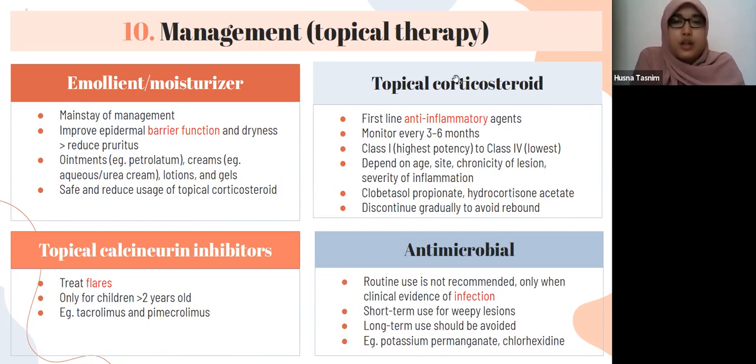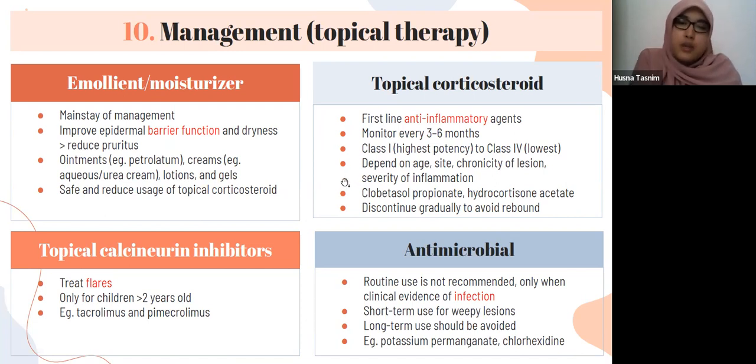So for topical corticosteroids, this is the first line for anti-inflammatory treatment. It should be monitored every 3 to 6 months to see the potential side effects and the response. It is divided into class 1, 2, 3, and 4 according to the potency of the drugs. So the choice depends on the age, site, chronicity, and severity of the inflammation.